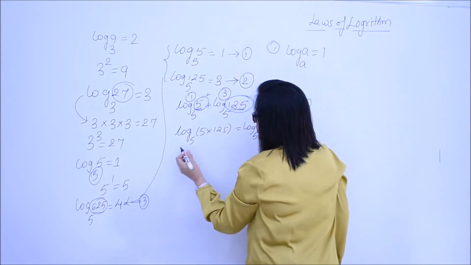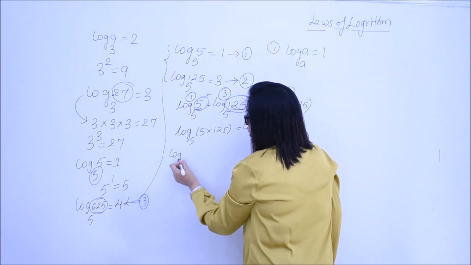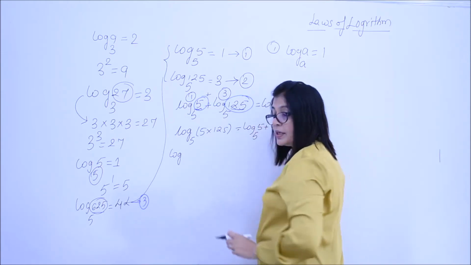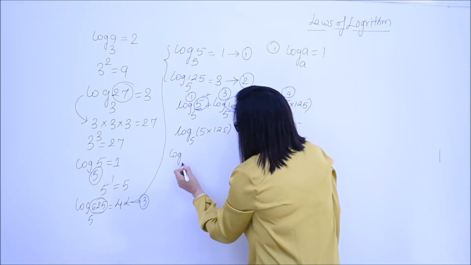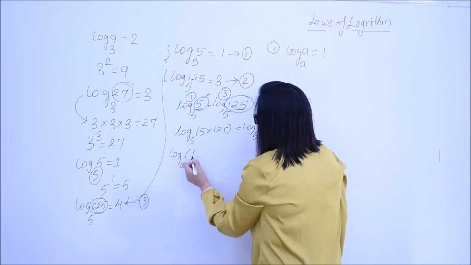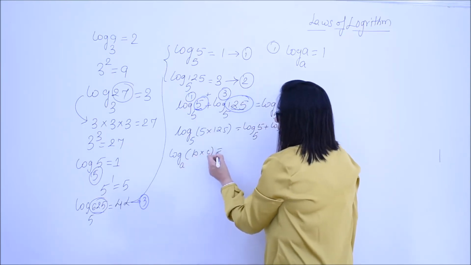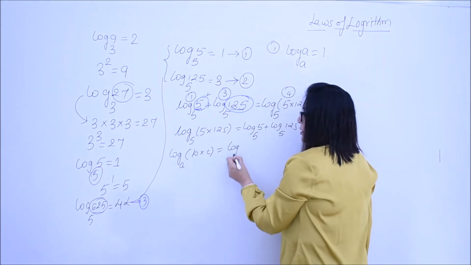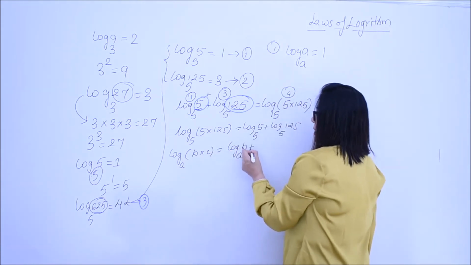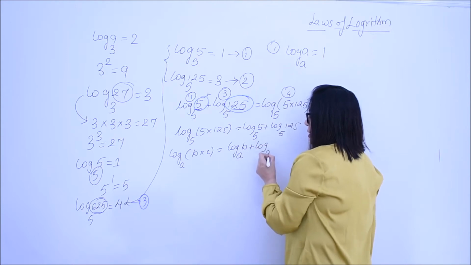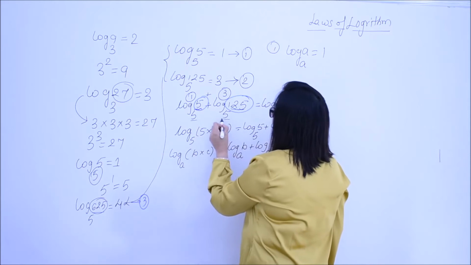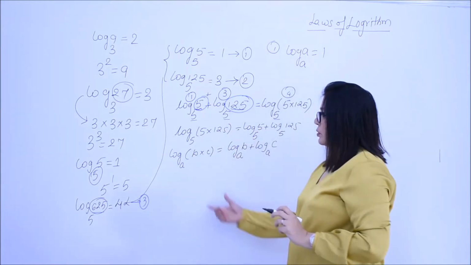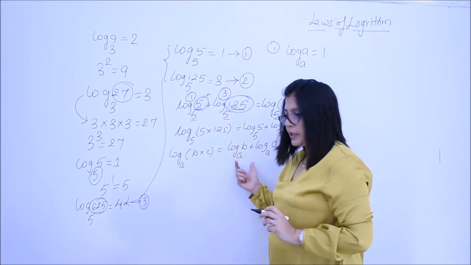And hence, in general, I can write down that the base should be the same. So I can say log to the base a of b into c is equal to log a b plus log a c. Now it's very important that they should have the same base. Then only this law is applicable.